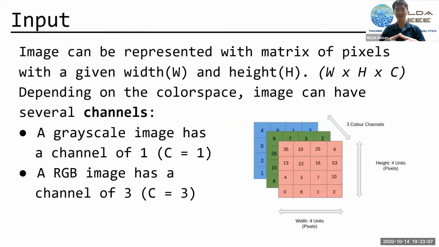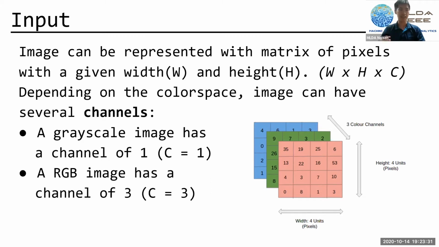Okay, so now we'll talk about input. The input of a convolutional neural network is usually an image, and an image can always be represented using a matrix. As you can probably tell, an image can be represented using R, G, and B, which is red, green, and blue.